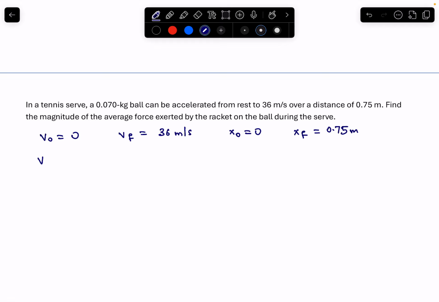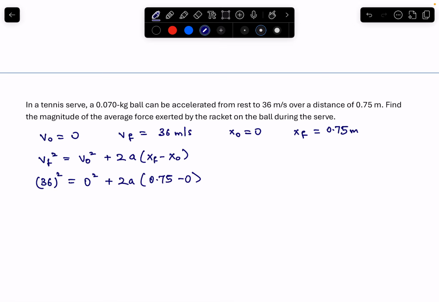So using the equation, v final squared is equal to v initial squared plus 2a times x final minus x initial, which is delta x. So 36 squared is 0 squared plus 2a, x final is 0.75 minus 0.